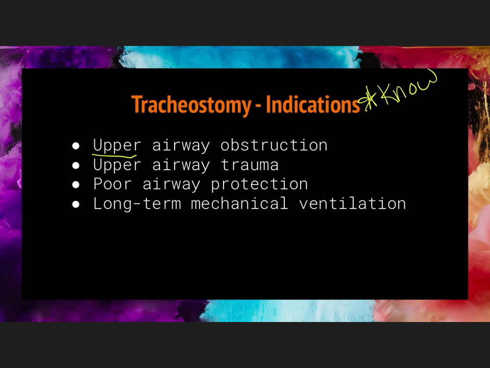It could be a birth defect, an anatomical defect that develops later in life, or the result of an accident after the trauma. Anything that is going to obstruct the upper airway that isn't able to be fixed or removed in a timely manner so that the patient can breathe.